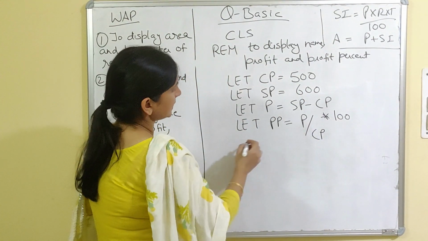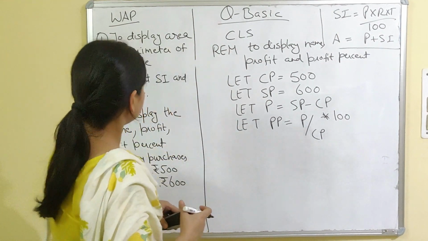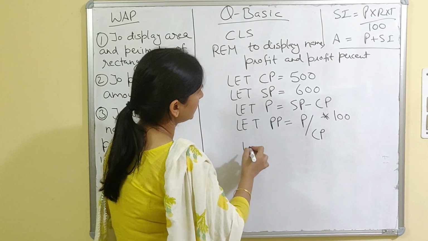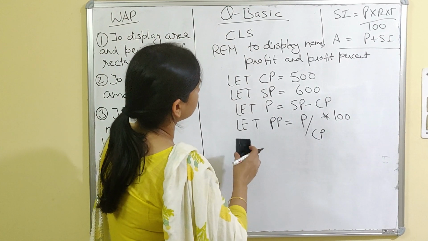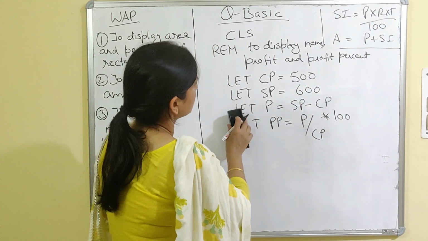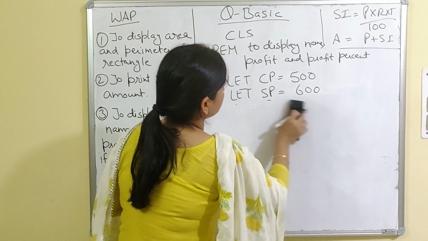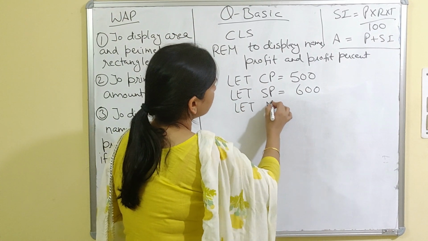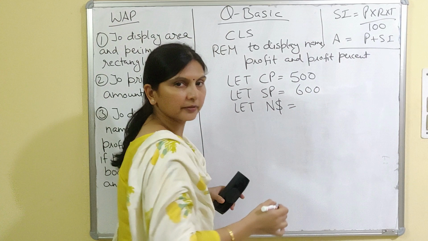Fine. And then, okay, we have left out the name. We have not assigned the name. For name, it should be assigned before. Not necessary, but it should be assigned before. So I am erasing for 1 second. Let's assign the name also. Name we have forgotten. Name with a dollar sign. Fine.